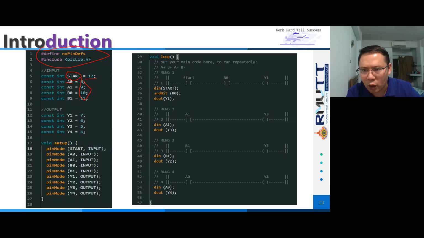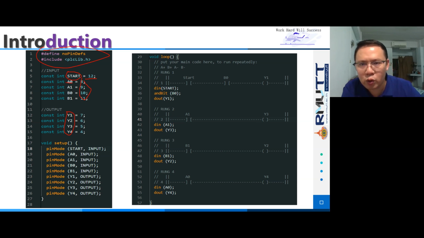And the outputs Y1, Y2, Y3, Y4 connect to pins 7, 6, 5, 4 of the Arduino. In the board setup, we use pinMode: the start button, A0, A1, B0, B1 are inputs, and Y1, Y2, Y3, Y4 are outputs.